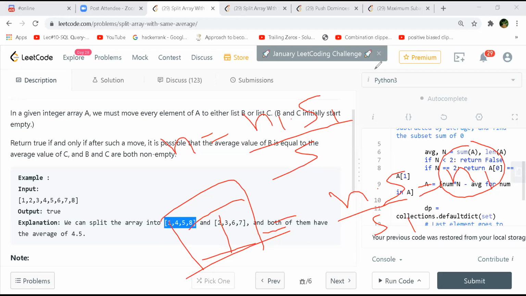The value N into S1 divided by S should have no remainder, because N1 is the number of elements and it can never be a fraction. If you are able to find that, you can return true. That is what the whole problem is about.